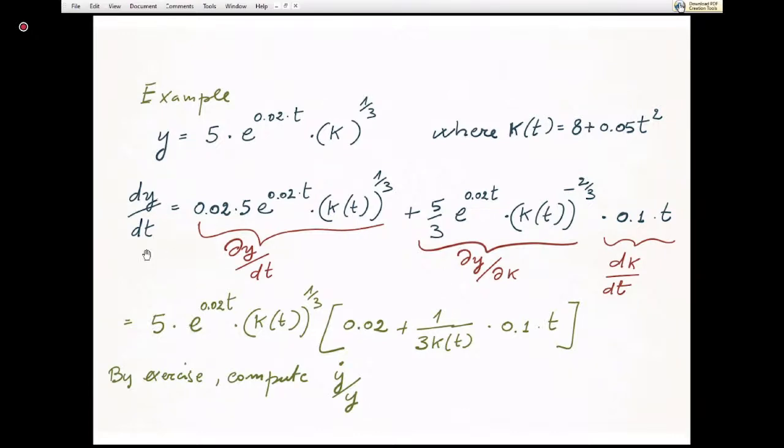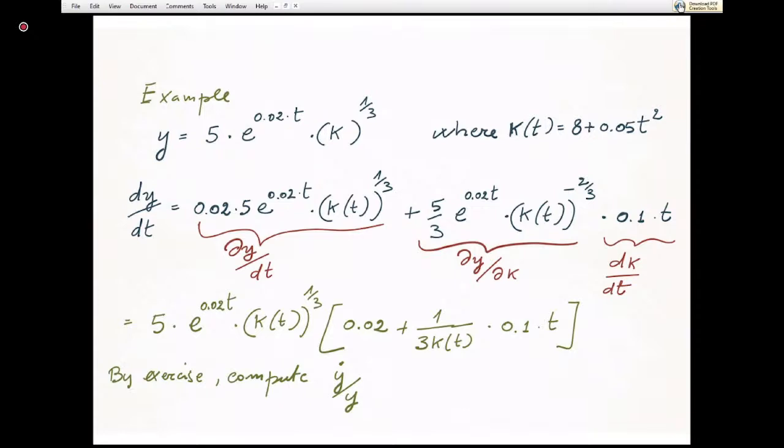So the time growth rate of y is 0.02 plus basically the time growth rate of the other factor. So when you focus on time growth rates, you transform, this is not the first time I say that, a multiplicative model into additive growth rates of the two factors. This is another example.